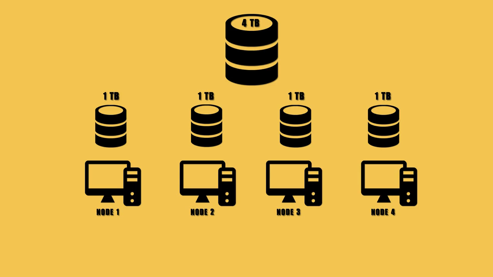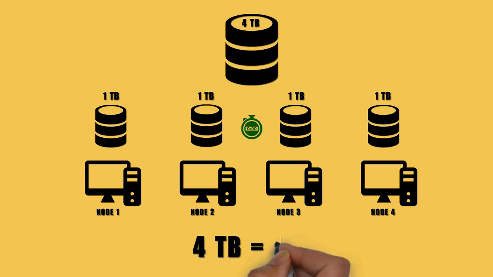By doing this, the time taken to store this data onto the disk is significantly reduced. The total time taken to store the entire data onto the disk is equal to storing one part of the data, as it will store all the parts of the data simultaneously on different machines.